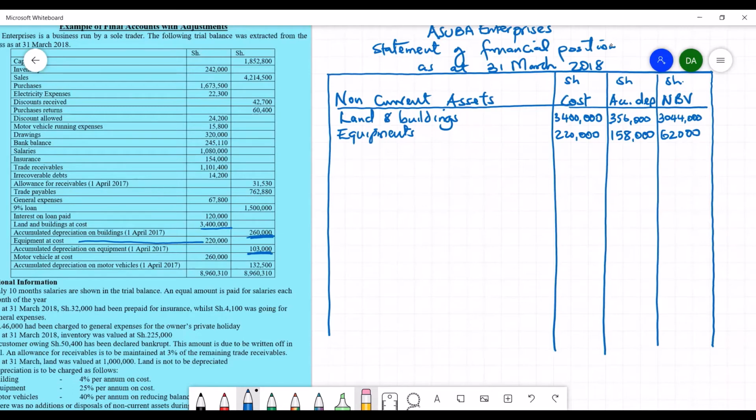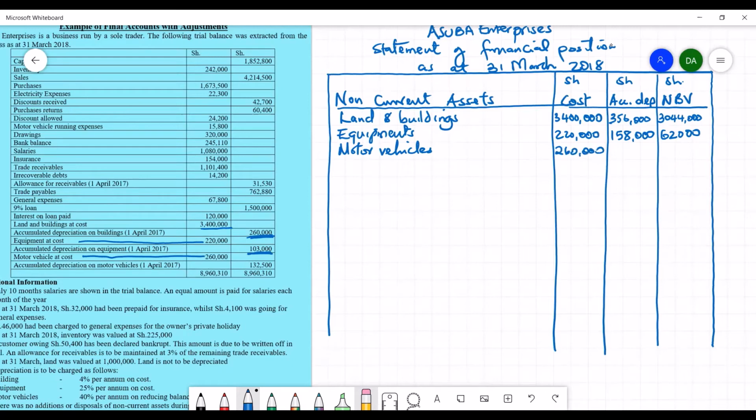The next non-current asset is motor vehicles. For the motor vehicles, to begin with, the cost is 260,000.